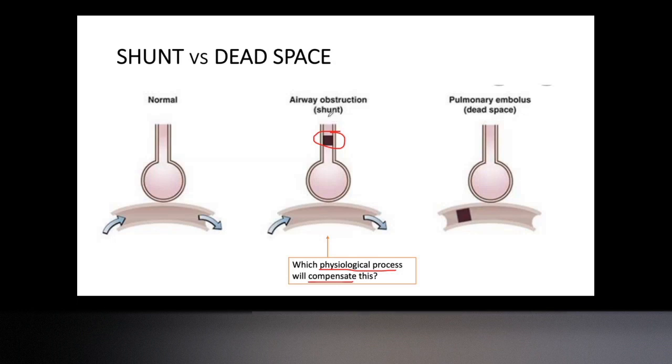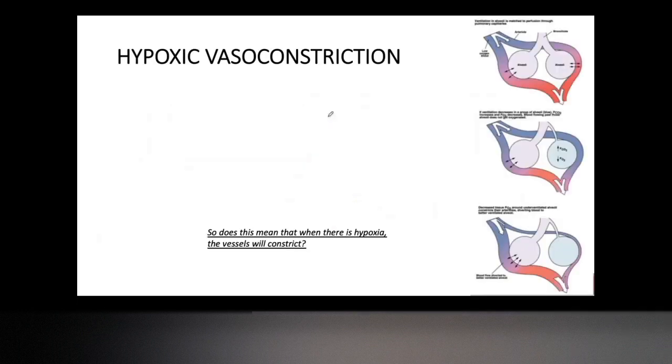Have you ever heard of hypoxic vasoconstriction? Basically, the first one shows a normal ventilation-perfusion. The air is coming in normally. You have the blood coming in, which is deoxygenated. Then the exchange happens, and the blood goes out oxygenated. That's how it's supposed to be.